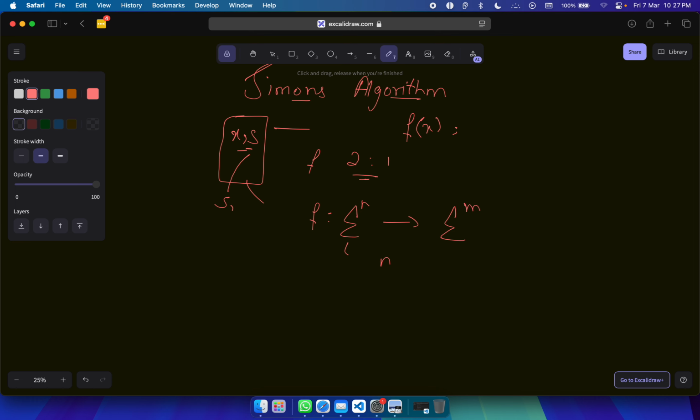So say you give it 1 1 0. This could give you 1 1 1, that is the same number of qubits, or it could give you 1 1, and it could give you 2. So that would be the case where m is not equal to n, right? And this is the case where m is equal to n. But we're going to be focusing only on this part and not this part, right?